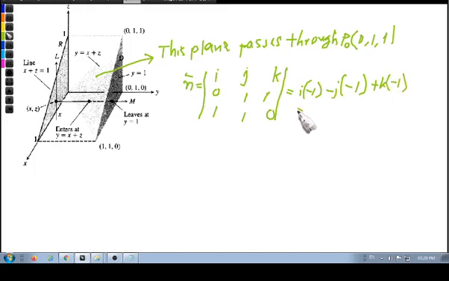So that is equal to minus i plus j minus k. In other words, this is the same as (minus 1, 1, minus 1).